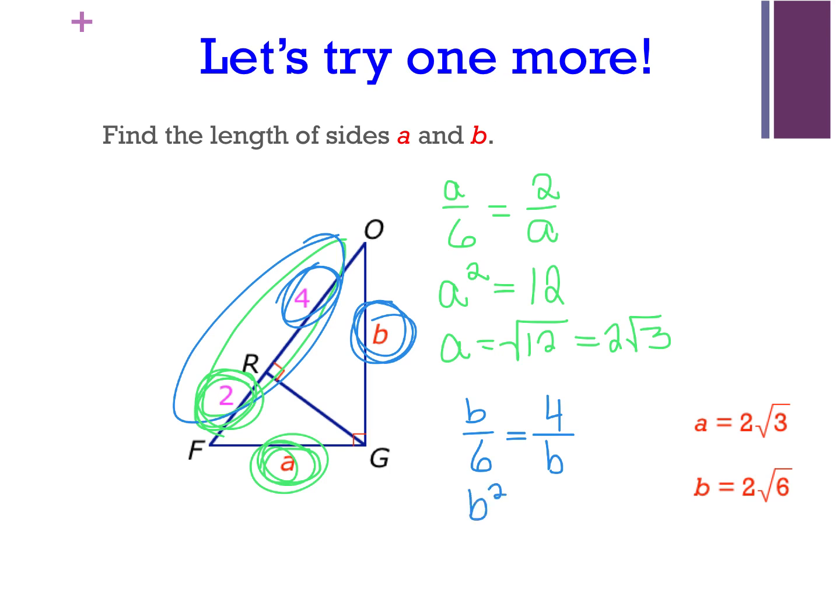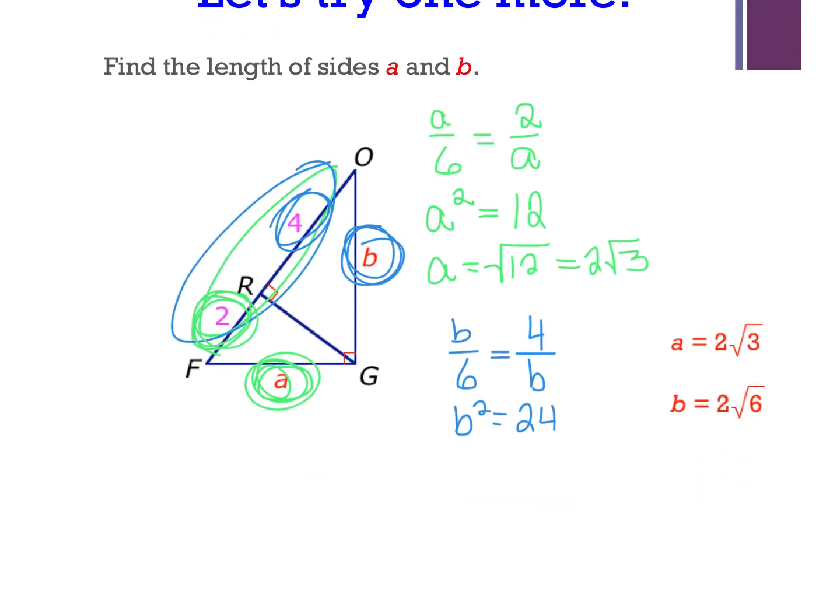B squared is going to equal 6 times 4, aka 24. This simplifies to be 2 root 6. And the reason is, again, because this is the square root of 4 times the square root of 6. The square root of 4 is 2. And then for the 12 here, I didn't show it, but it's the square root of 4 times the square root of 3. The square root of 4 is 2.